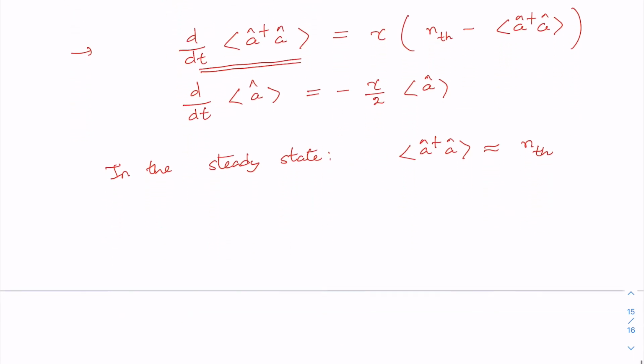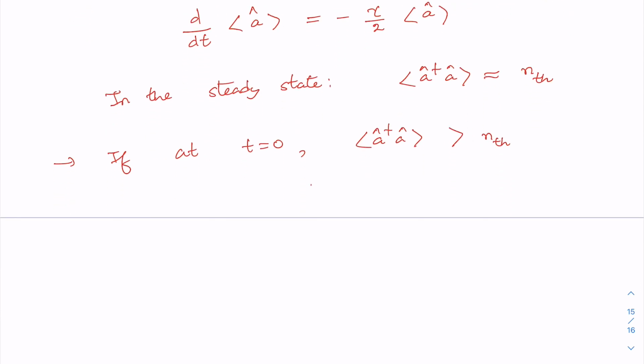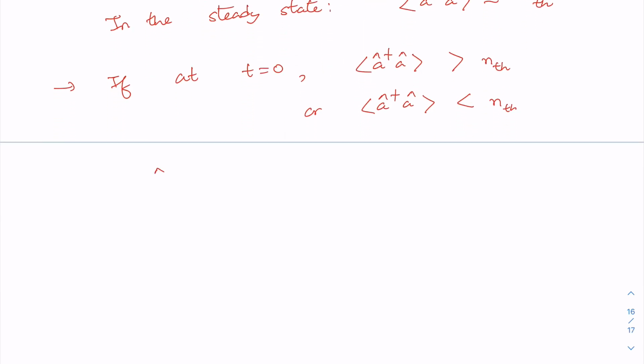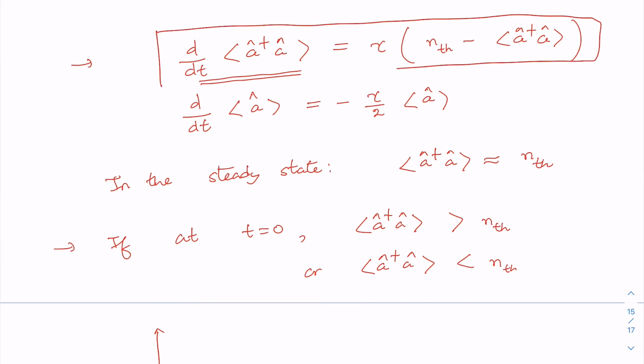In fact, depending on where you start, say at t equal to 0 we have the average number of photons a dagger a greater than the average thermal photon number, or less than this equilibrium value, we get different behavior, as I can depict in this diagram. Basically I am depicting the solution of this equation.